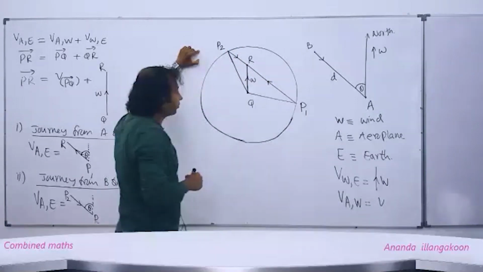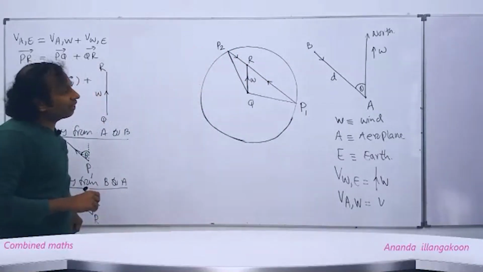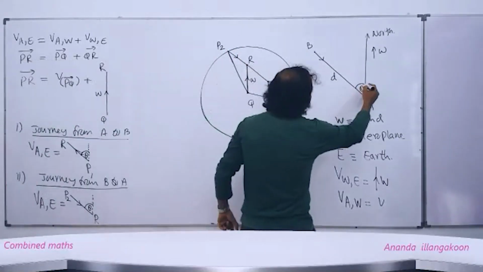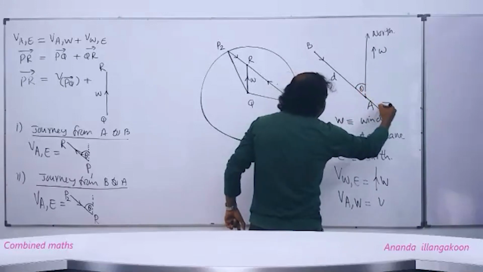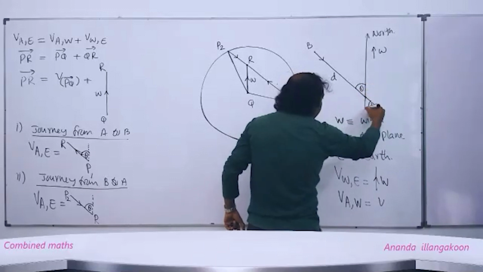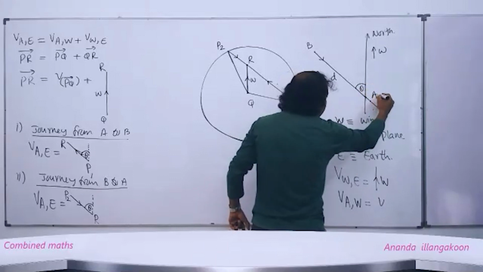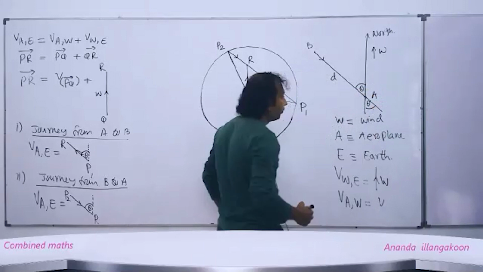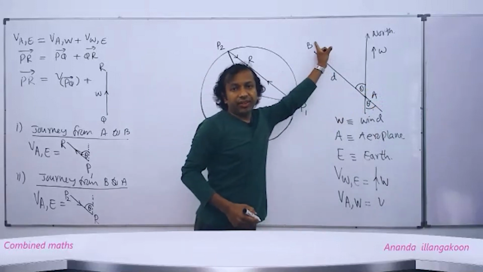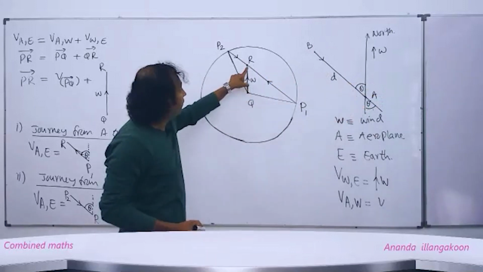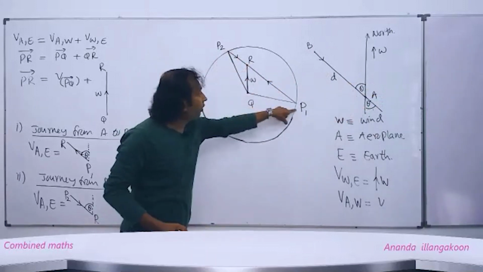Right. People, what is this angle theta? How do you mark this angle theta? Angle theta, people, when you draw a line this way and a line this way, this is the angle theta. This line means that the AB line is parallel to this P2R and this P1R.